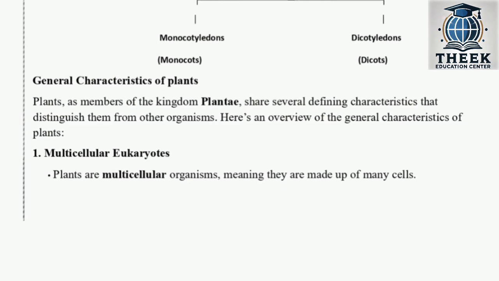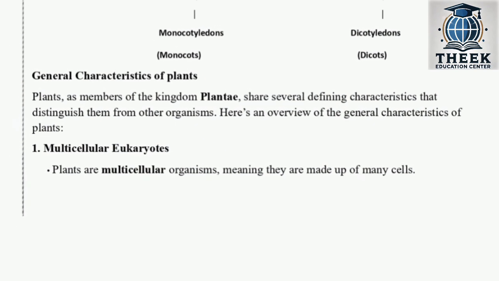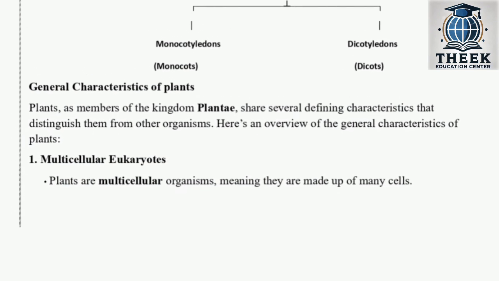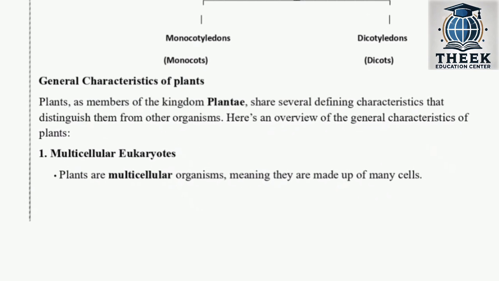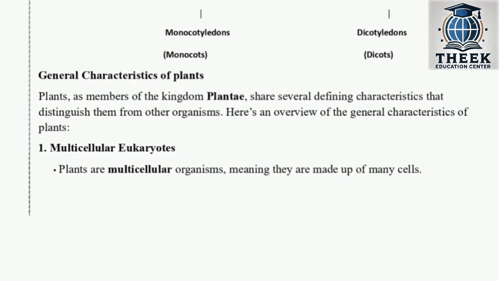Now, general characteristics of plants. What are some of the general characteristics of these plants? Plants, as members of the kingdom Plantae, share several defining characteristics that distinguish them from other organisms. So what distinguishes plants from other organisms?